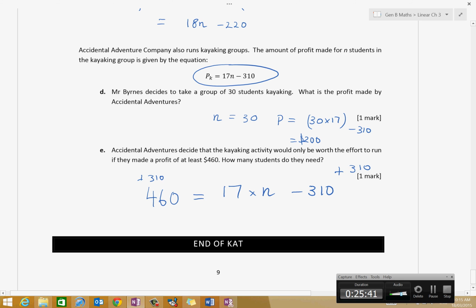What's that going to give me? 770 is equal to 17N. Now if I divide 770 by 17, what do I get? 45.3. Now, given that they need 45.3, and we're talking about how many students they need, would we round up or down? Up. So the only accepted answer is 46 students.